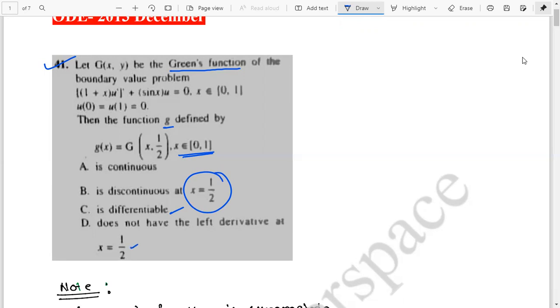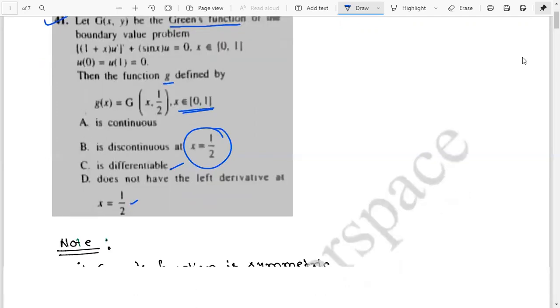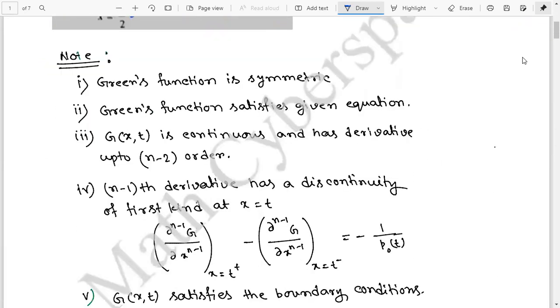So before discussing the options of this problem, let me show you some properties of Green's function. First, Green's function is symmetric. Number two, Green's function satisfies the given differential equation.